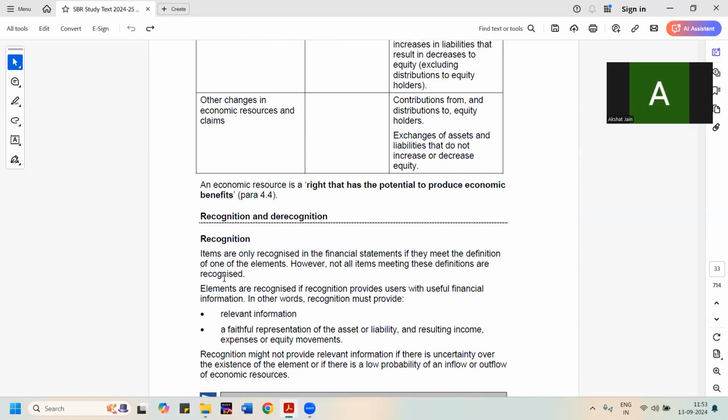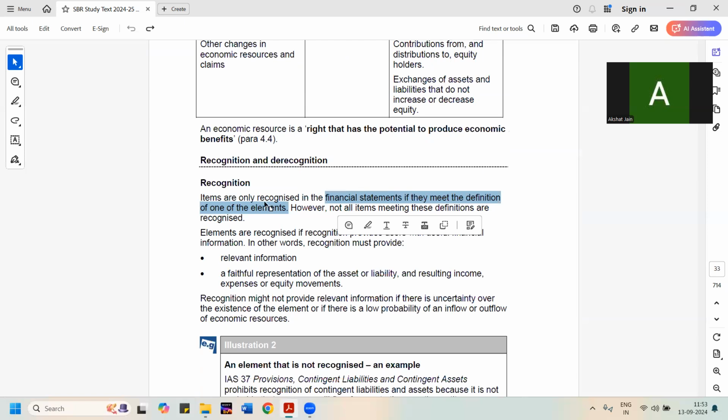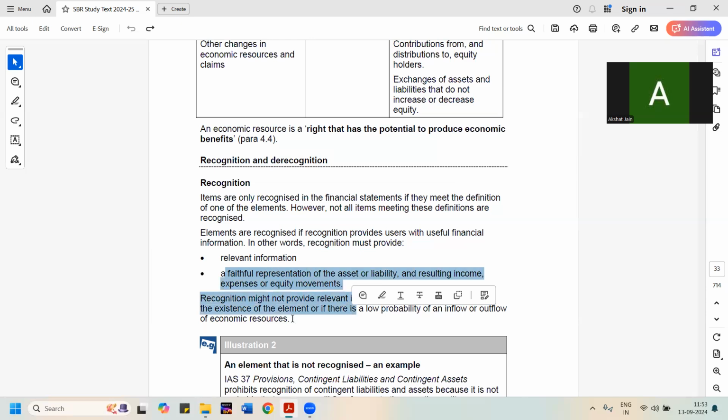Recognition and derecognition. Items are only recognized in financial statements if they meet the definition of one of the elements. However, the elements are recognized only if recognition provides users with useful information. In other words, recognition must provide relevant information and a faithful representation of the asset or liability and resulting income, expenses, or equity movements.